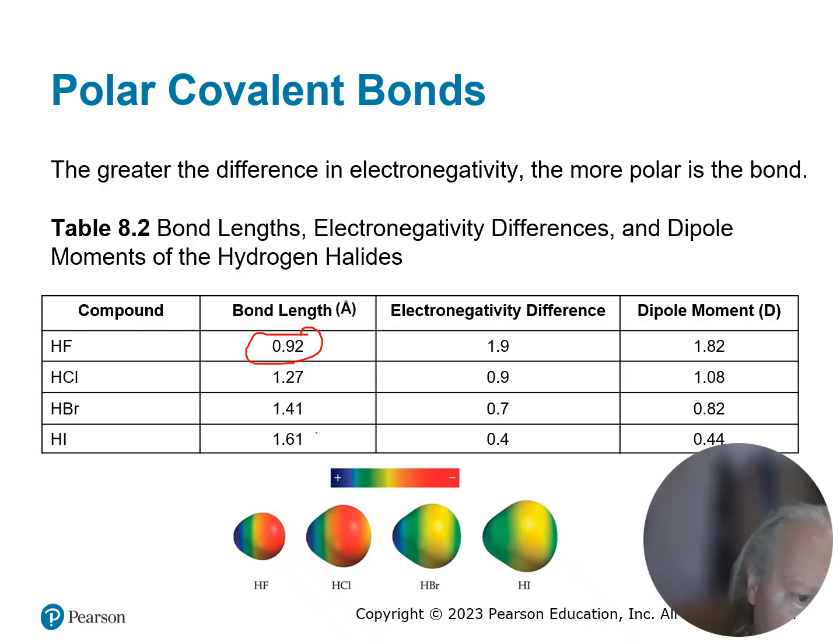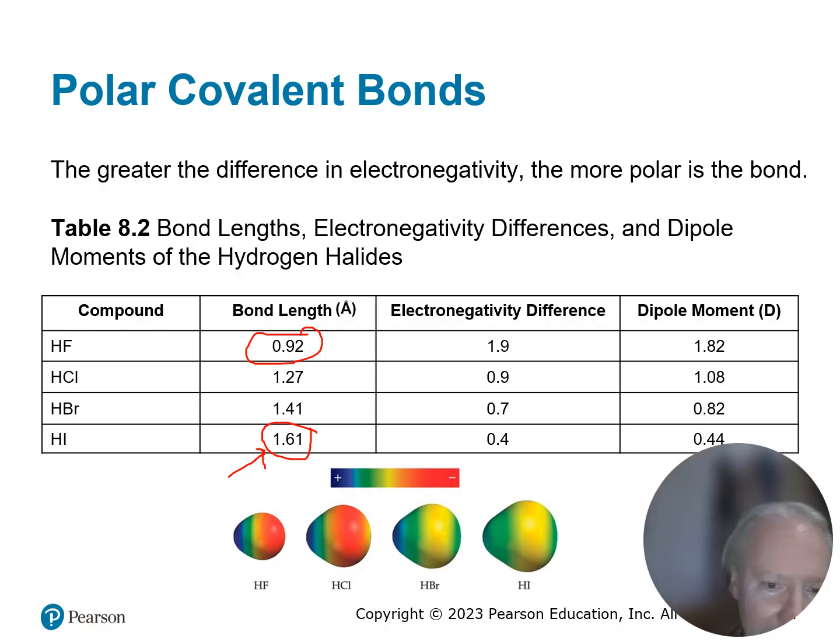If the bond length is very long, it's easier to break, so this is almost like an ionic salt. Hydrofluoric acid is definitely polar covalent. We can look at hydrobromic acid and hydrochloric acid as long as we don't throw them into water immediately and they're in a purified form, a concentrated acid solution. It would look like a polar covalent bond until we throw it into water. So these are very unique.